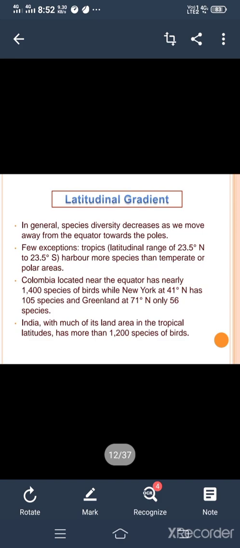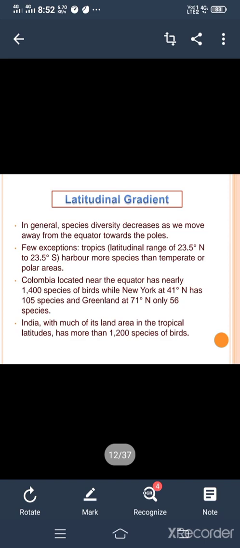Few exceptions: the tropics harbor more species than temperate or polar areas. Colombia, located near the equator, has nearly 1,400 species of birds, while New York at 41 degrees north has 105 species and Greenland at 71 degrees north only 56 species.